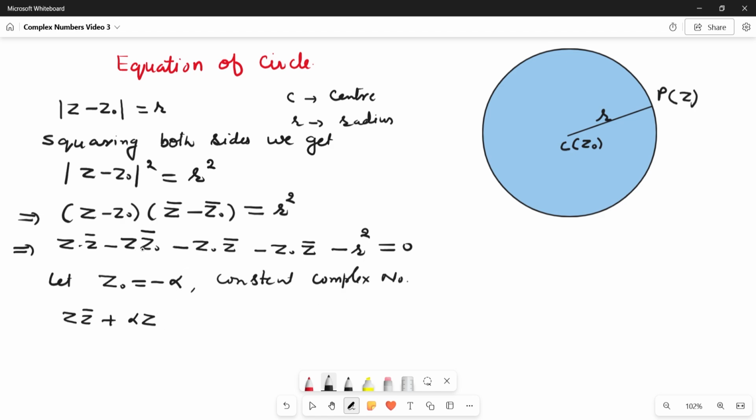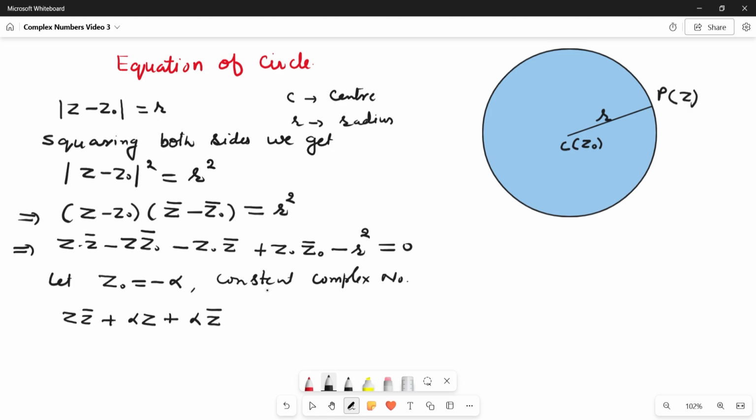Now this becomes alpha z plus alpha z bar. Here z bar into z bar is z into z bar, this is the second term, z bar into this, minus minus plus this, plus z bar into z naught.